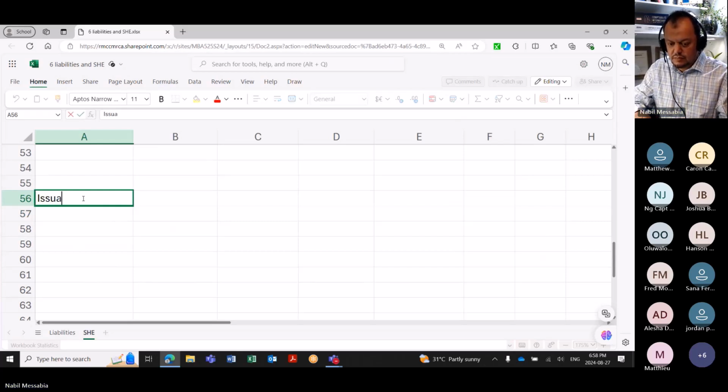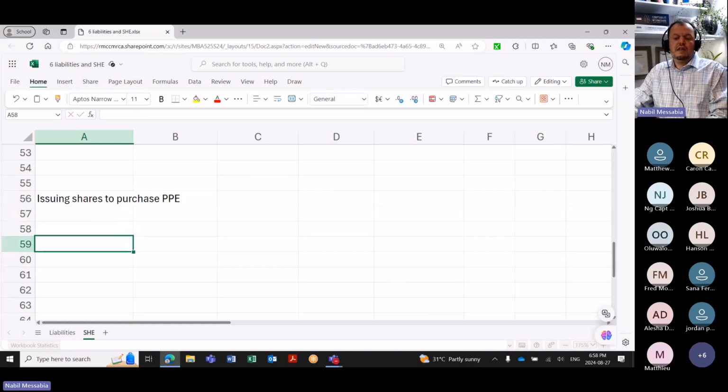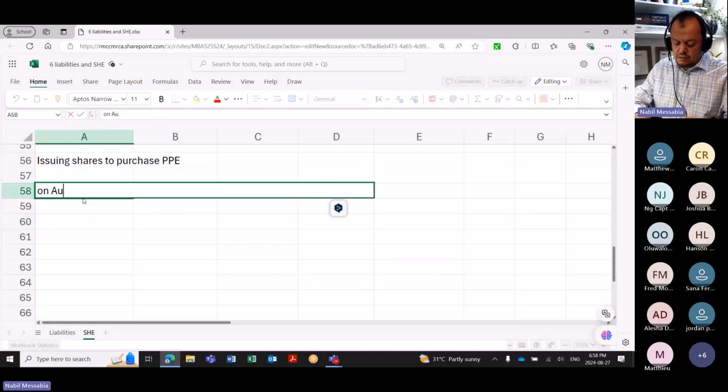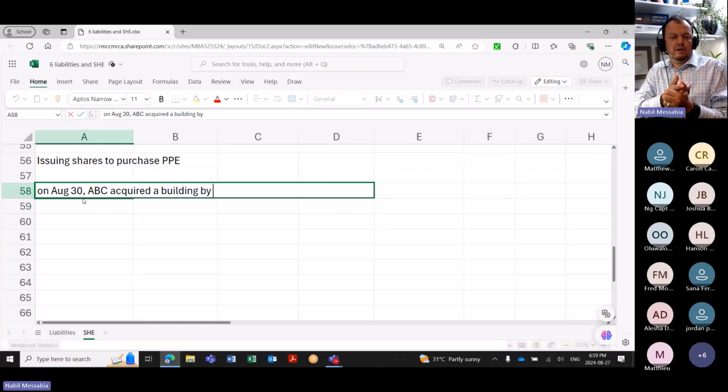Issuing shares to purchase PPE is a very common practice, and they will tell you, for example, that on August 30, ABC acquired a building, not by cash, not on credit, but by issuing common shares.